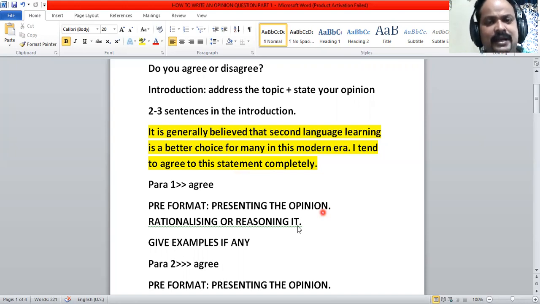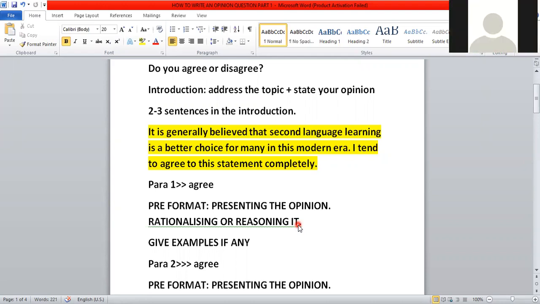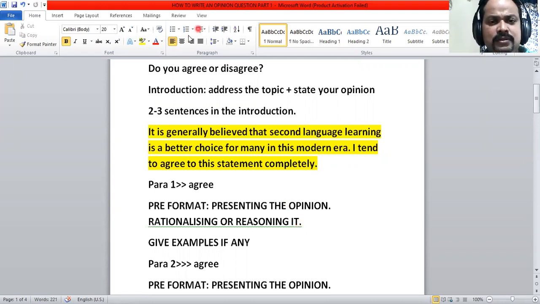In the second sentence, I have given an explanation for what I have said. In the third sentence, if you want to give a further explanation, you can give that. And then you can give one example or a similar example.